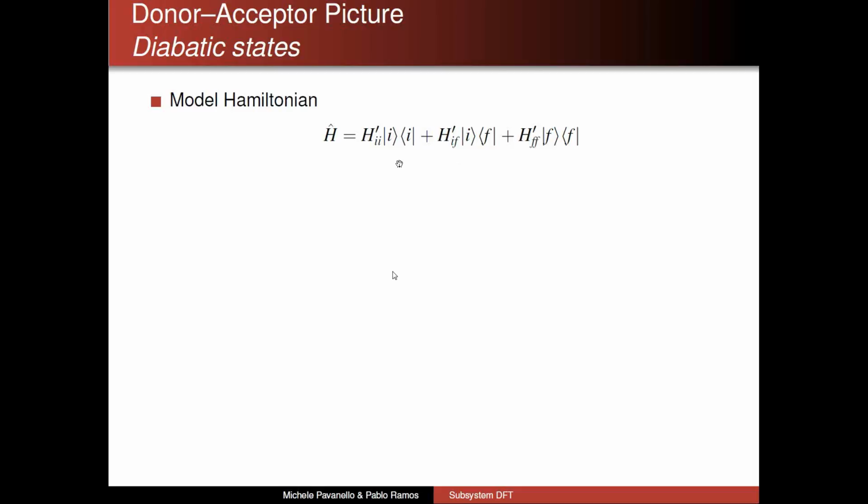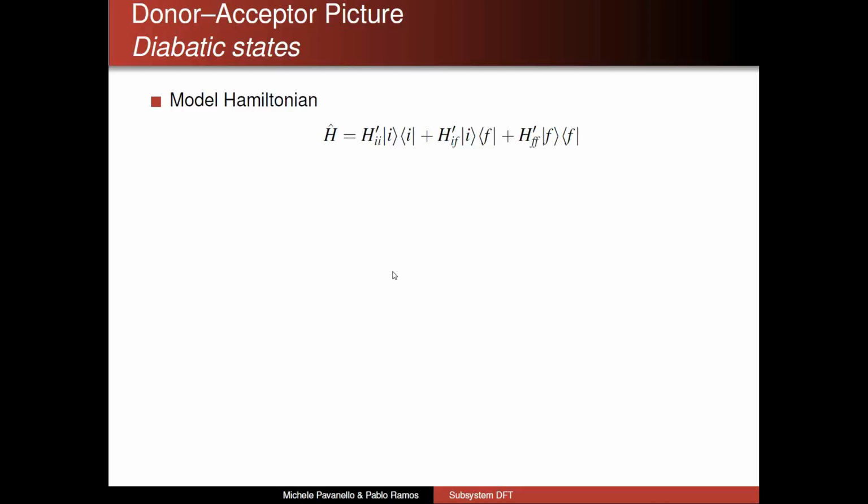Now, how do we define these diabatic states? Well, that's essentially very subjective. It is now understood that you should localize charges onto a region of space that you can call the initial state of charge transfer.